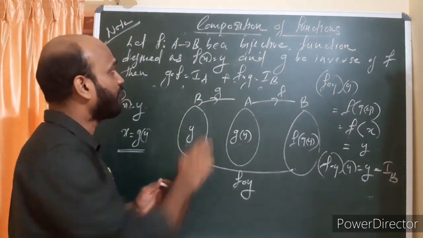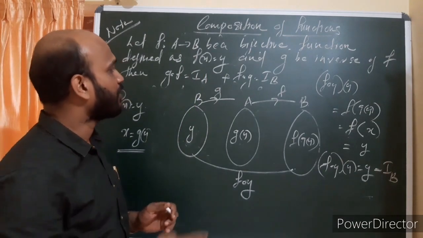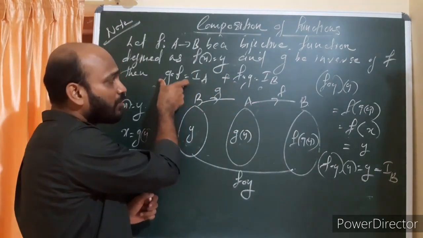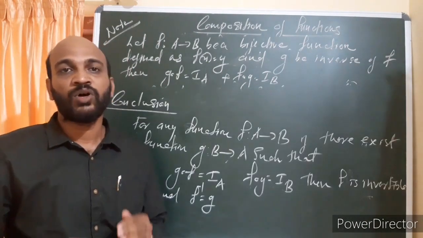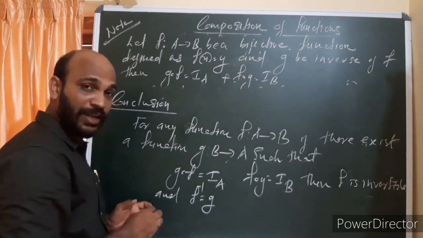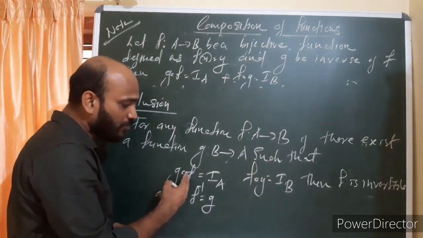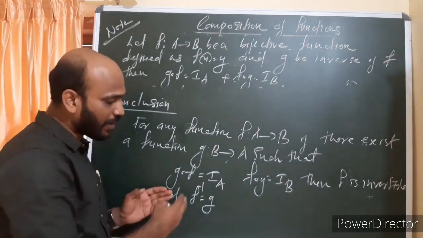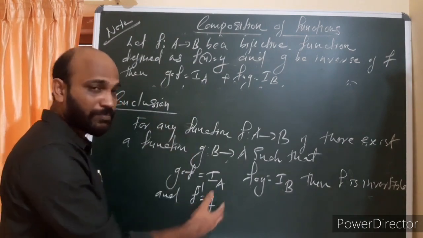So conclusion is this one. If F is a bijective function from A to B defined as F of X equal to Y and G be inverse of F, then G of F of X equal to X and F of G of Y equal to Y. That means G of F is an identity function on A and F of G is an identity function on B. So we will reach one conclusion that for any function F from A to B, if there exists a function G from B to A such that G of F equal to IA and F of G equal to IB, then F is invertible and F inverse equal to G. For showing a function is invertible, you can prove by this method also.